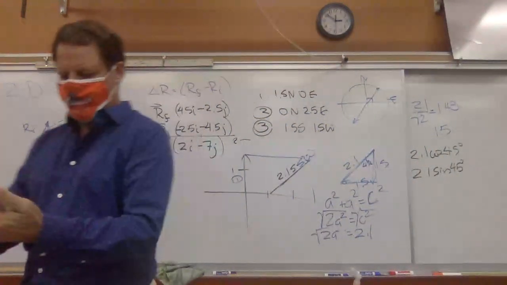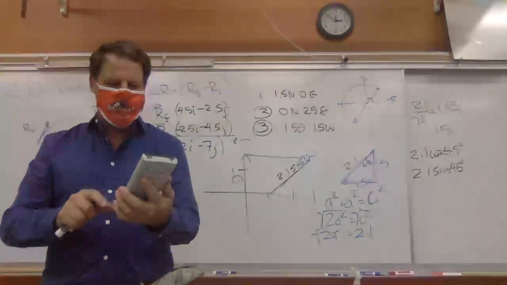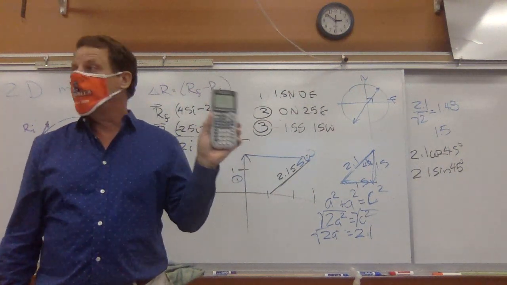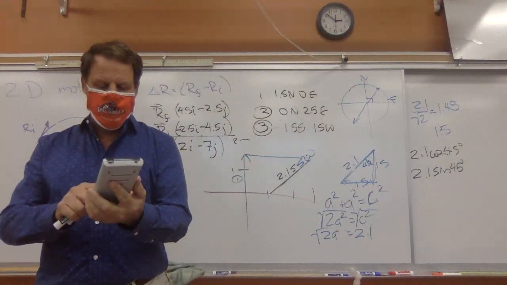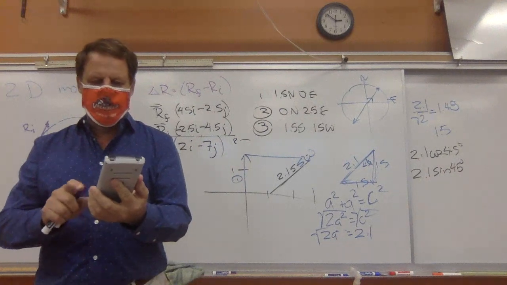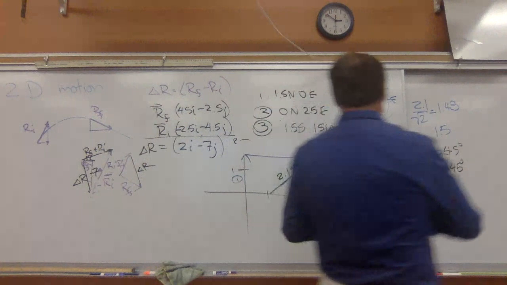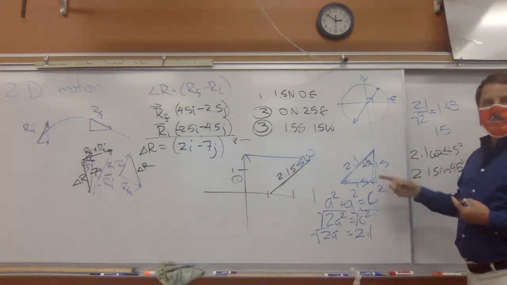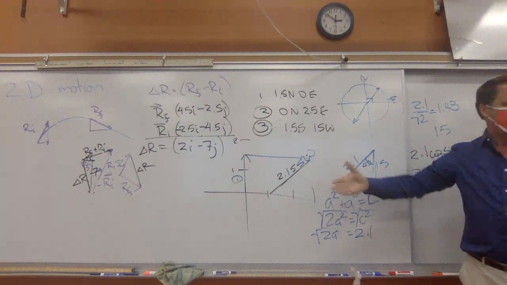If I say 2.1 cosine 45, I'm going to get the same 1.48, and 2.1 sine 45 is also going to be 1.48. So it's our job to realize that we're going negative, negative, or south and west.